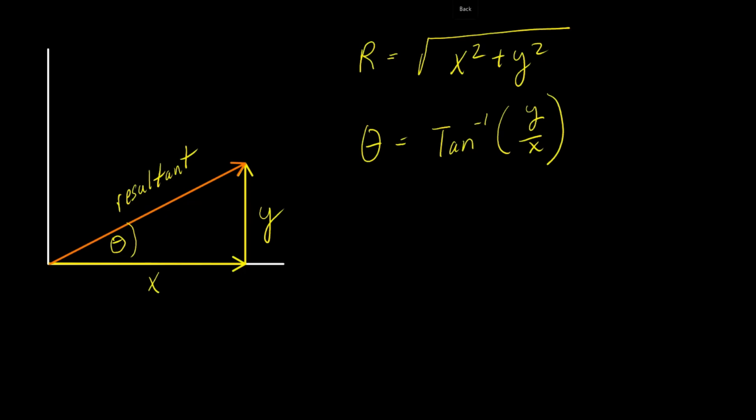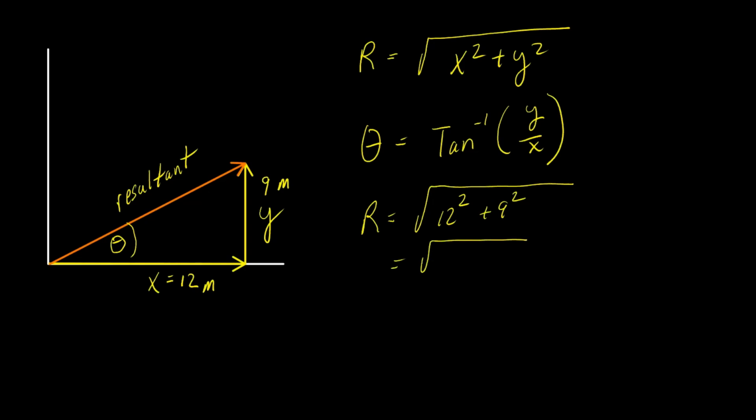In this problem, we'll let x equal 12. We'll let y equal 9. We can say meters, that'd be fine. So R then will be equal to the square root of 12 squared plus 9 squared, which is the square root of 225. So R is going to equal 15 meters. Okay, that's half our answer.